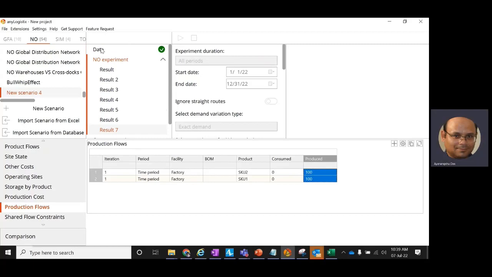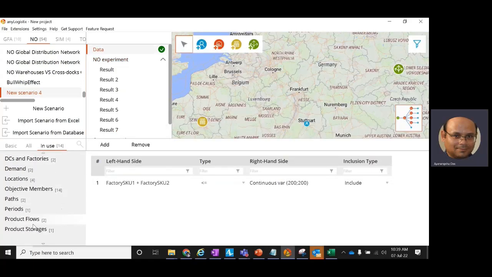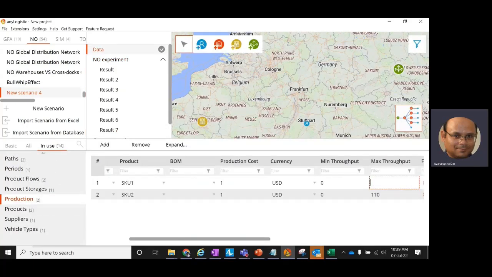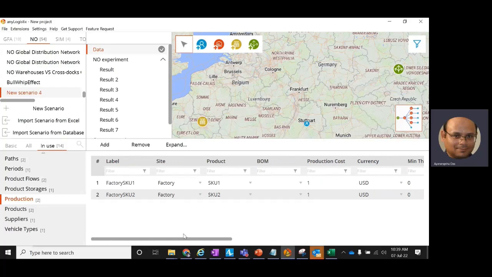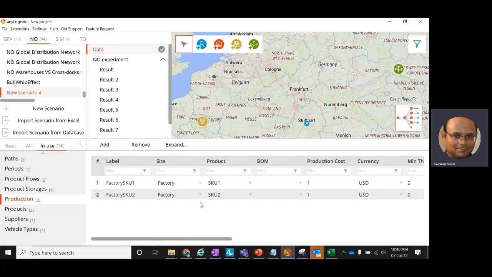We can specify the production throughput in the production table itself. We say that the maximum throughput for the machine is 200, so it cannot exceed 200 as the capacity. Here also we can specify the maximum throughput of the factory.